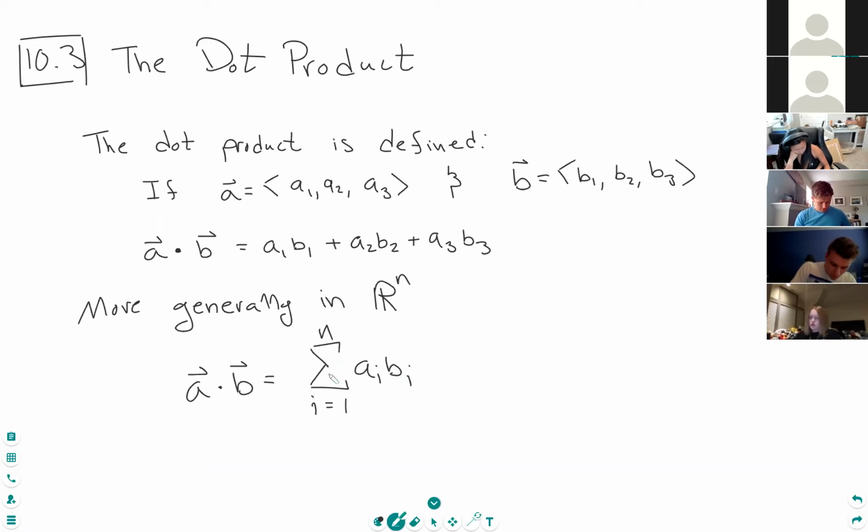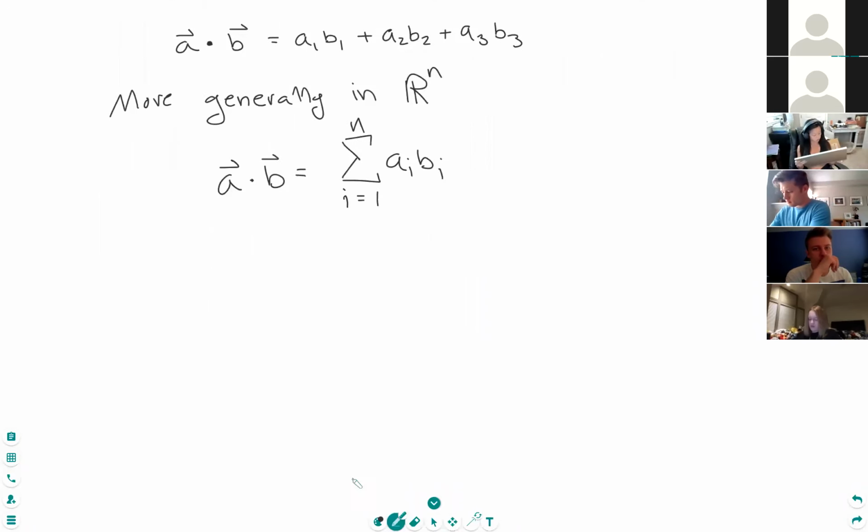And that's just a fancy way of saying that we add up all of the element-wise multiplication of these vectors. The first ones get multiplied together, added by the second ones multiplied together, and so on. Okay. So let's do an example where we look at some dot products.